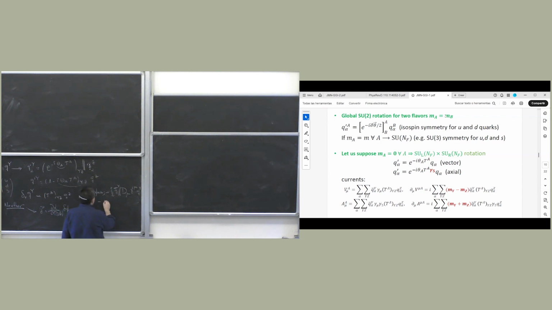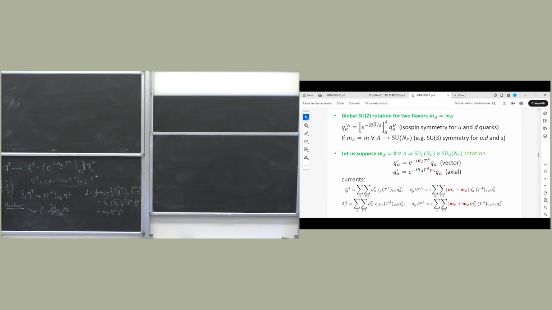Then I have minus i over 2, and I have d mu q bar y gamma mu q y, and then we include the mass.